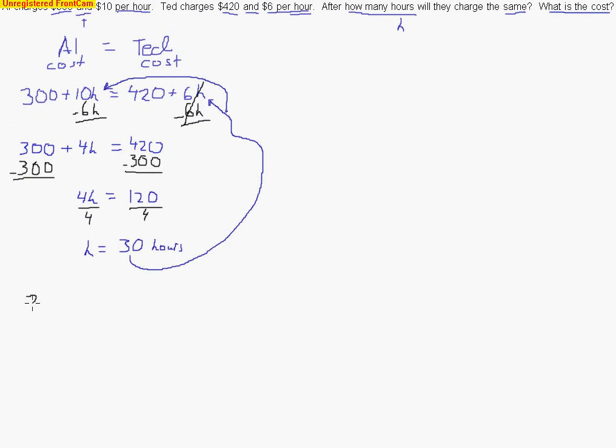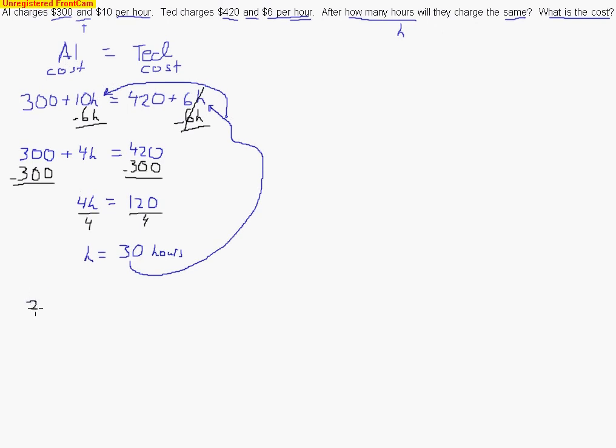I've got 300, and then I bring down that plus sign, the 10, but instead of h, I'm going to write down 30. And we'll see that when we go ahead and do the other one, we have 420 plus 6 times 30.